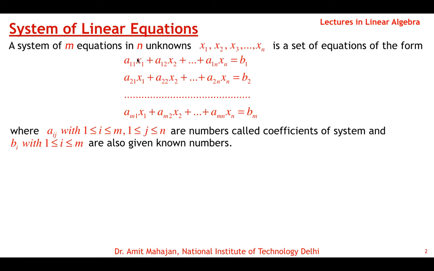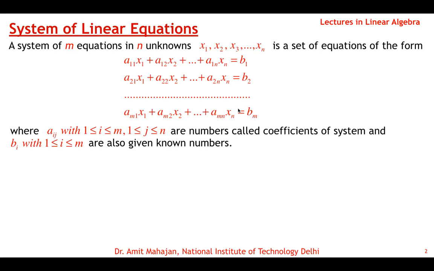So there are m equations and there are n variables x1, x2, xn, which are unknown variables, and a11, a12, a1n, a21, a22, a2n, and so on, are coefficients on the left hand side, and they are numbers. Similarly b1, b2, bm are also numbers.